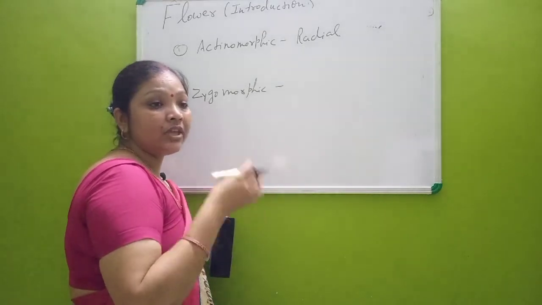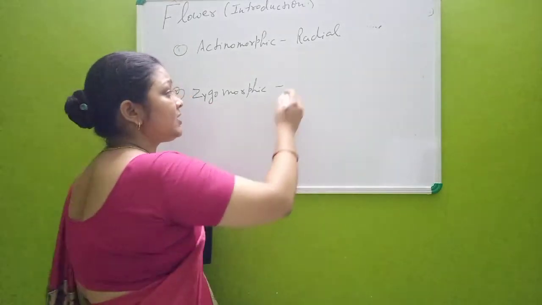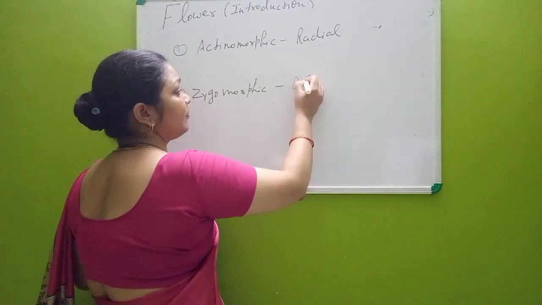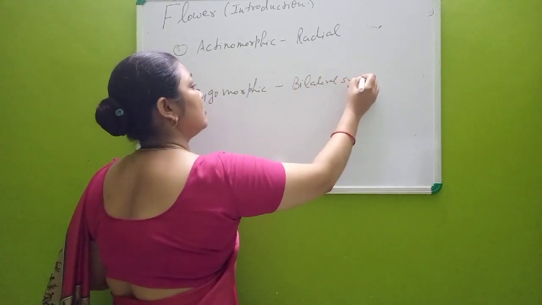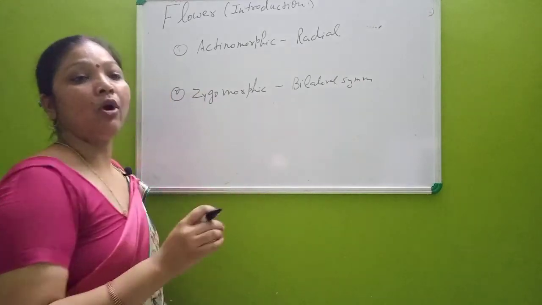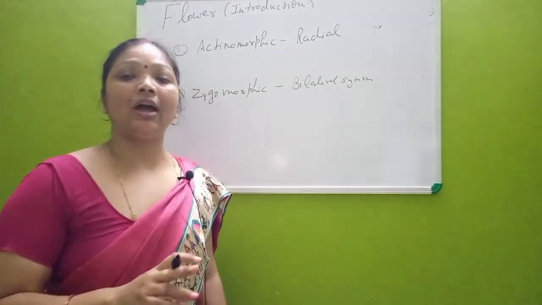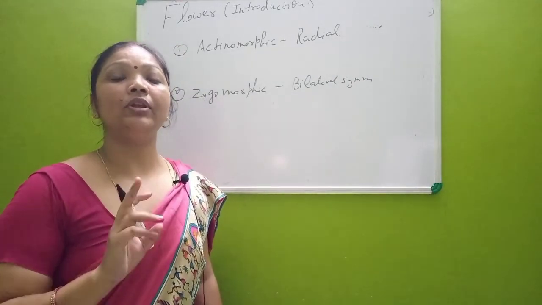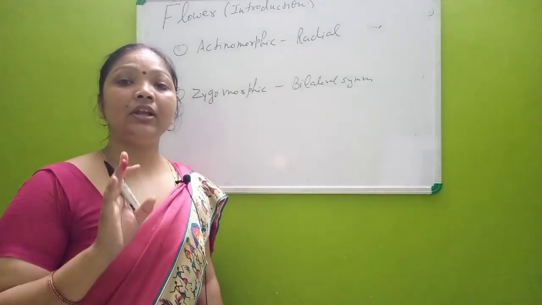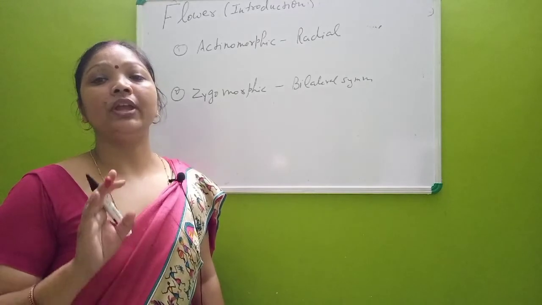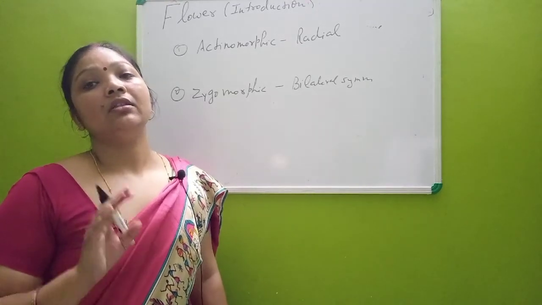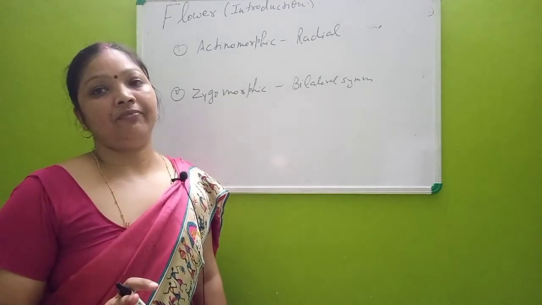If we compare with symmetry, it is bilateral symmetry. It means if we want to cut the flower into 2 equal halves, we are able to cut it from only a single plane. This is the zygomorphic flower.